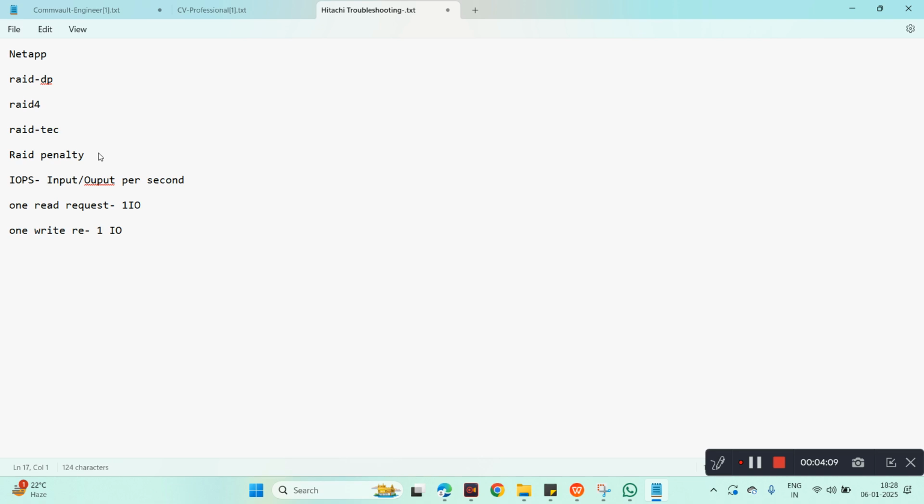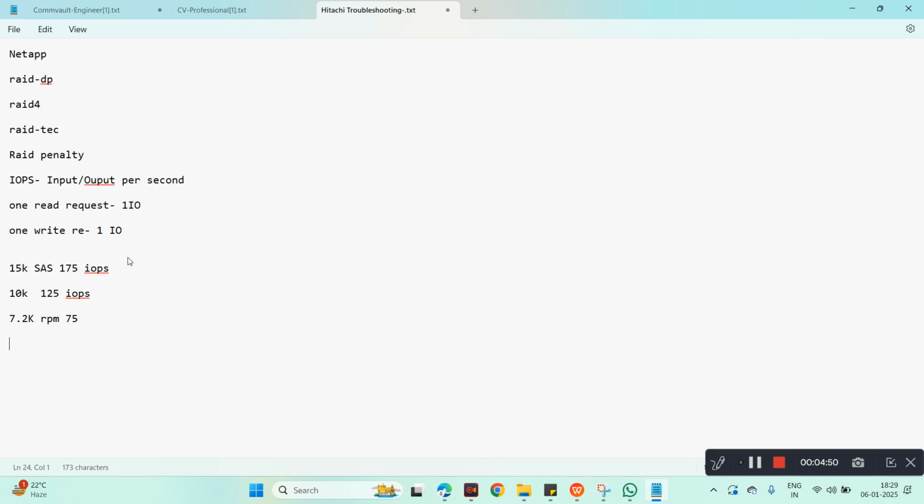Depending on that, your IOPS will vary. Some benchmarks for SAS disks: a 15K SAS gives 175 IOPS, a 10K SAS gives 125 IOPS, and a 7.2K RPM disk gives 75 IOPS.